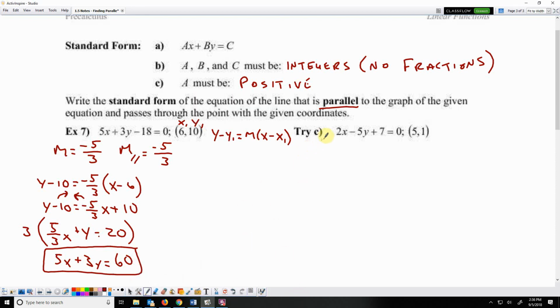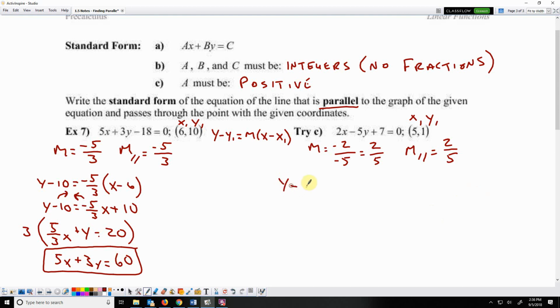Okay, so here's another one with the same set of directions. So first, the slope, opposite of A over B is 2/5. And there is my x1, my y1. The slope of a parallel line is also 2/5.